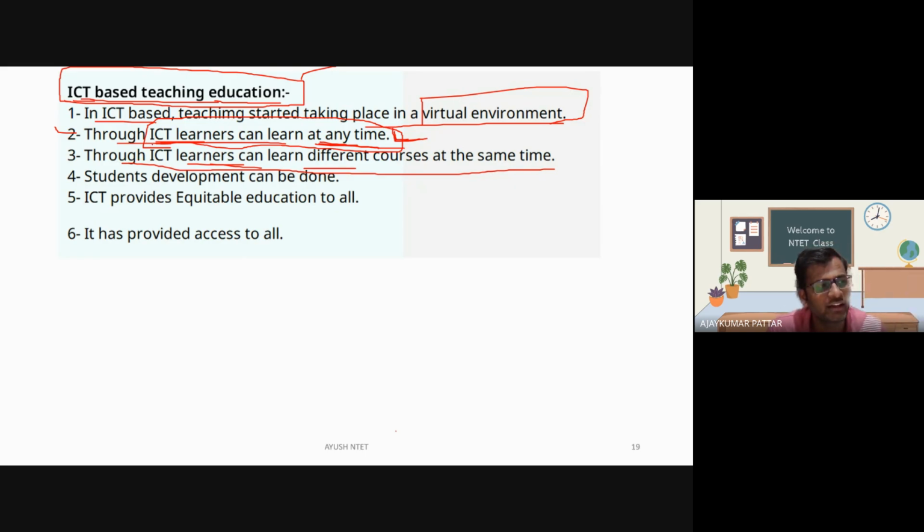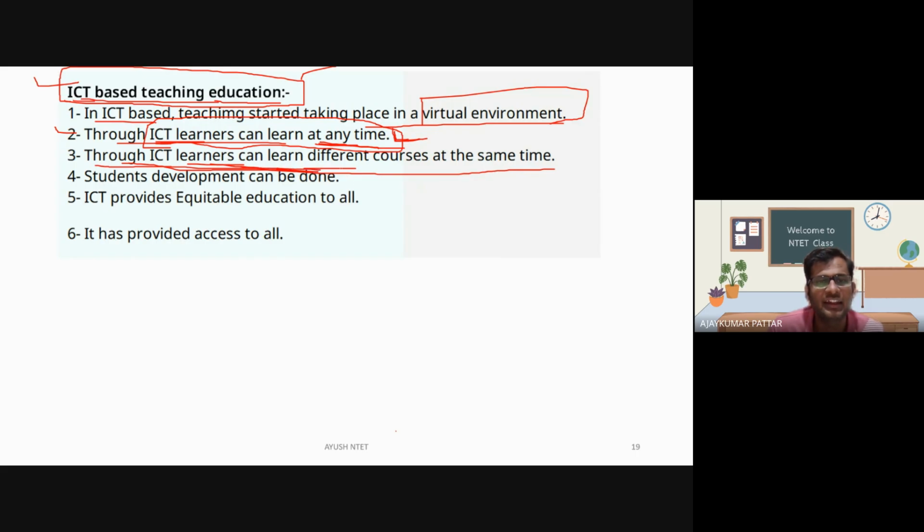In foreign countries, ICT based teaching education is more advanced, but perhaps it is not happening as much as in other fields. In India, we are not that advanced in ICT based learning education.